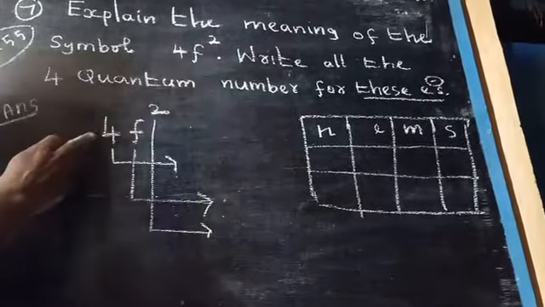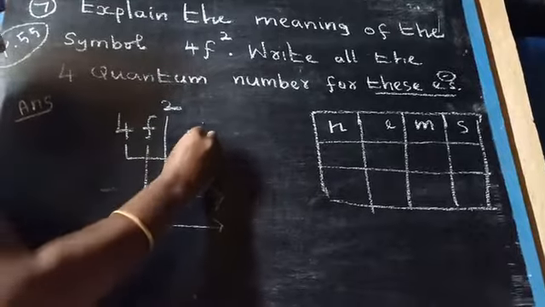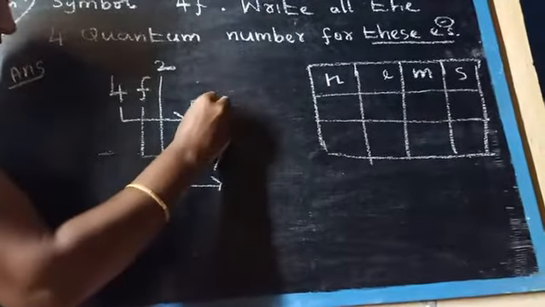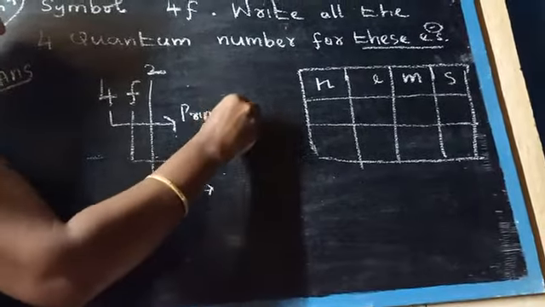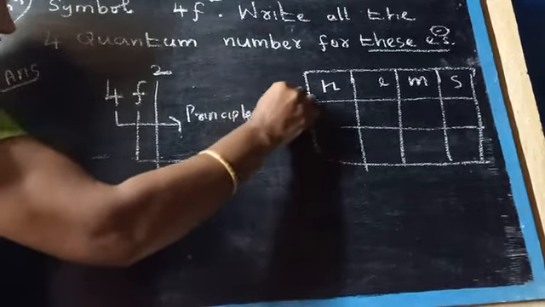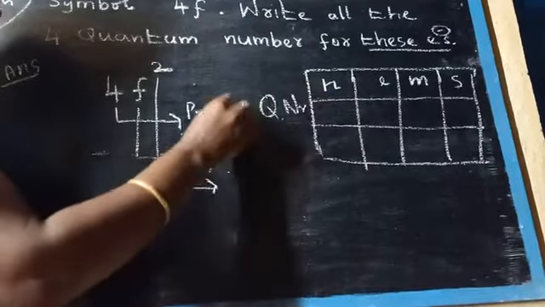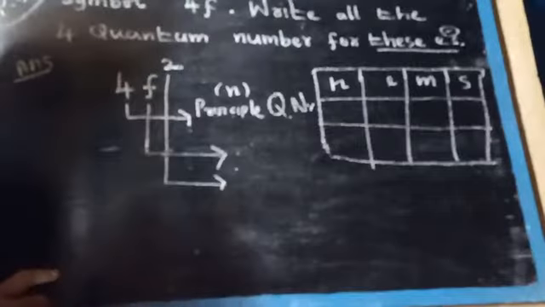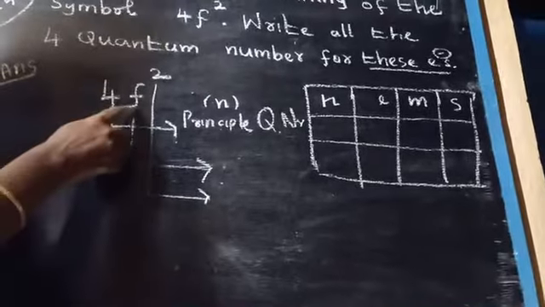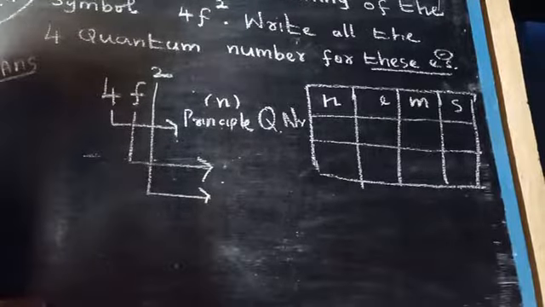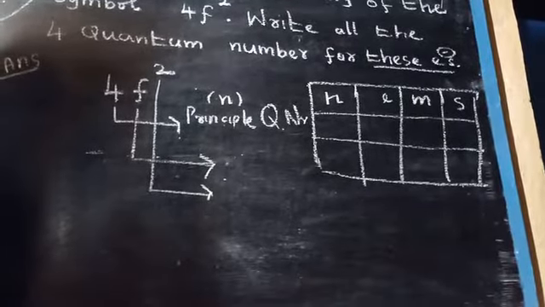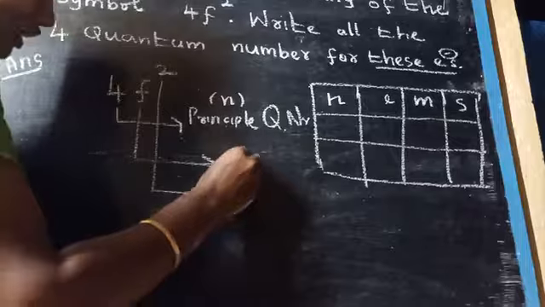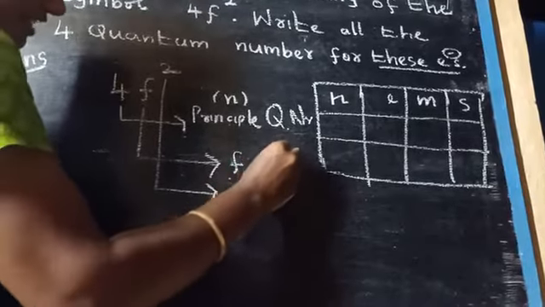So here, this 4 is denoted as the principal quantum number. You know the symbol for the principal quantum number, N. Next, this F is denoted as the orbital. So what is an orbital? F orbital.